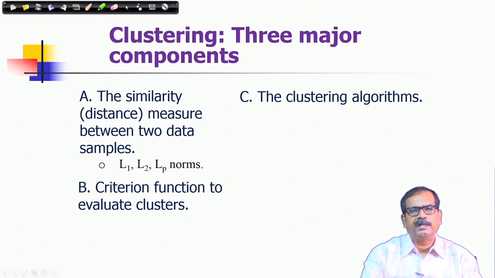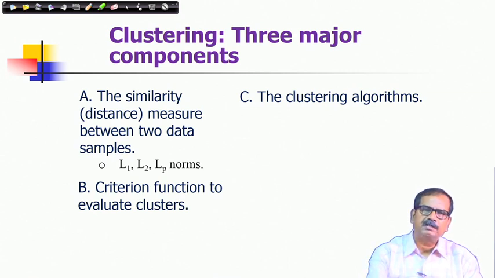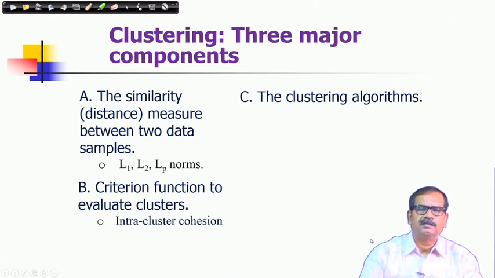For defining similarity, different distances could be used, and some examples of distances we have already seen in various other applications in this course, under various topics. Suppose the L1 norm, L2 norm, and a generalized Lp norm could be used. For the criteria function to evaluate clusters, there are two properties looked for in a good clustering solution.